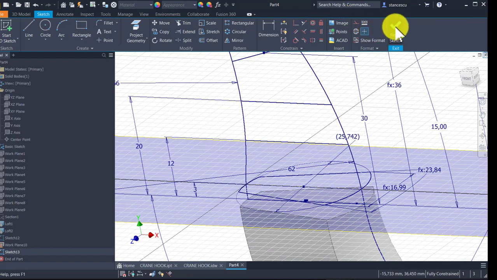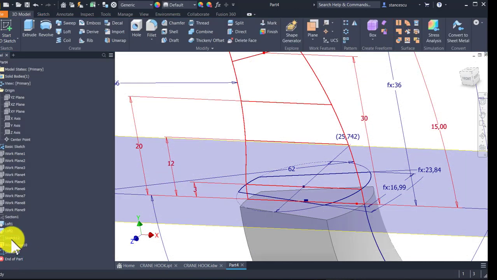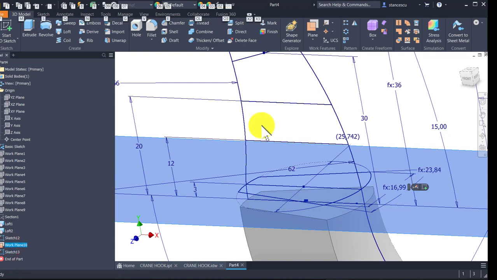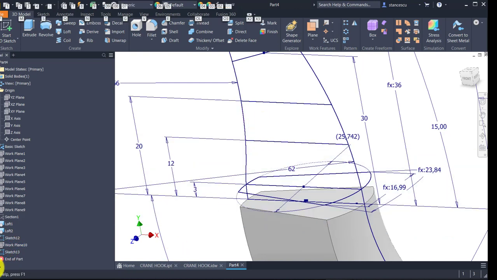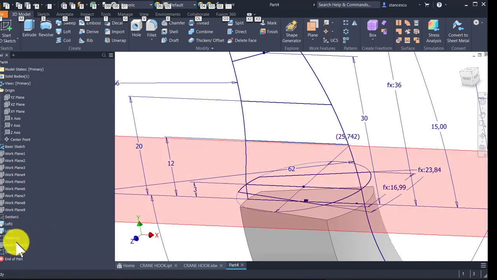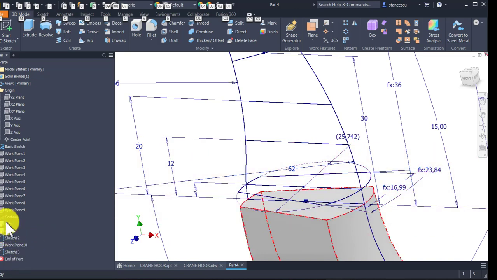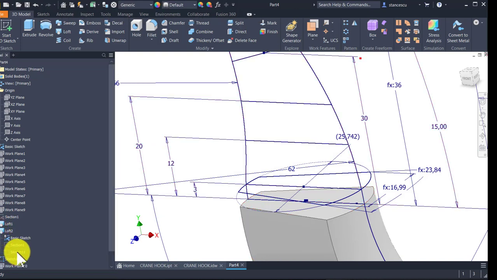Finish sketch. A new plane is here. Alt V. The sketch is a new section. Loft 1, Loft 2 includes another section, which was section 2.0.